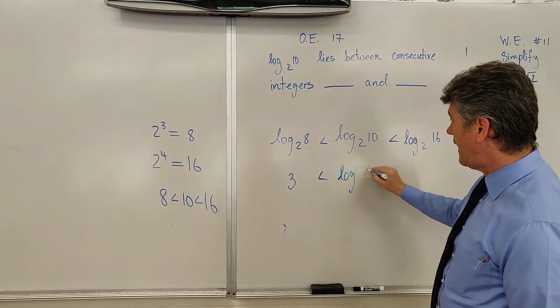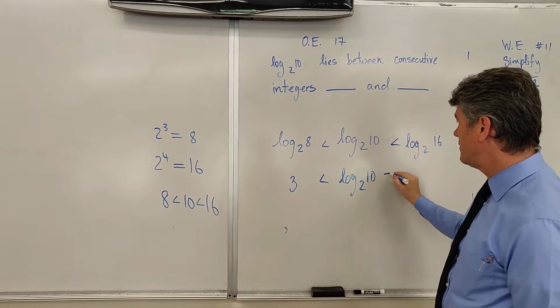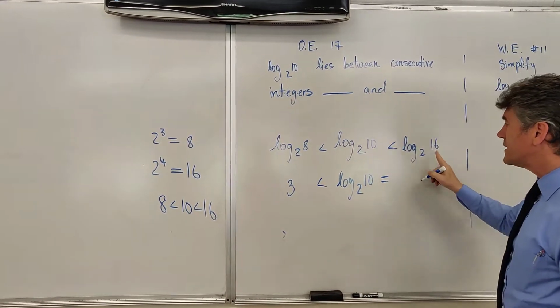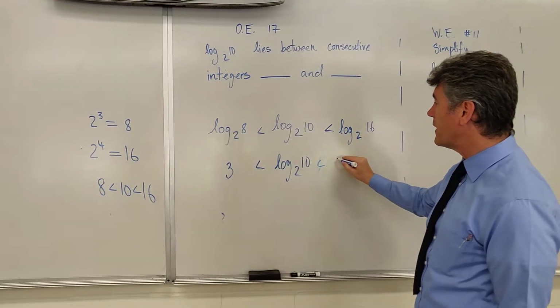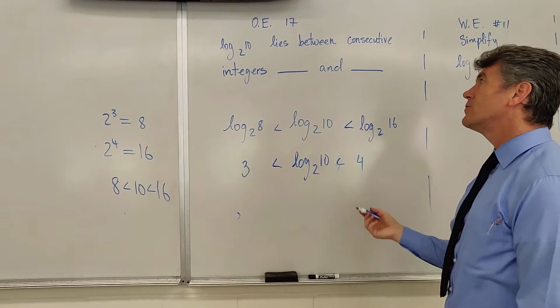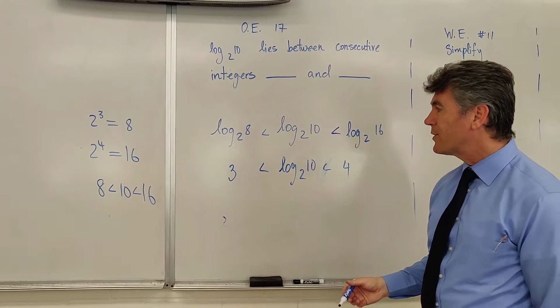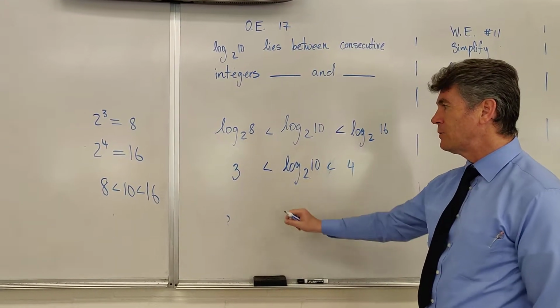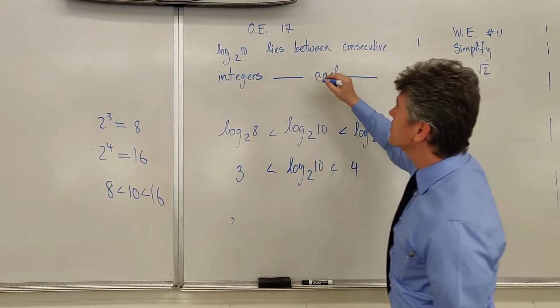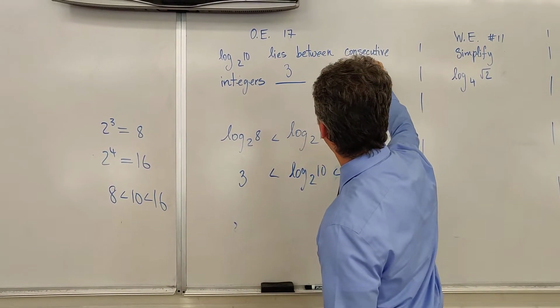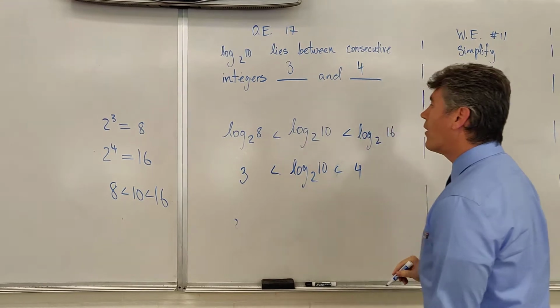This I cannot find. And this log of 16 with a base of 2, I can also find. So what do we notice? That log of 10 with a base of 2 lies between 3 and 4, between consecutive integers 3 and 4.